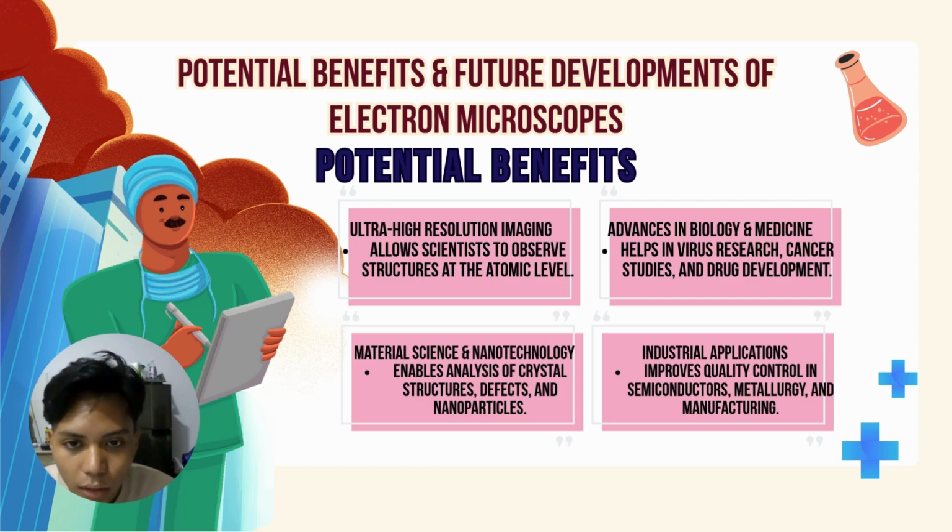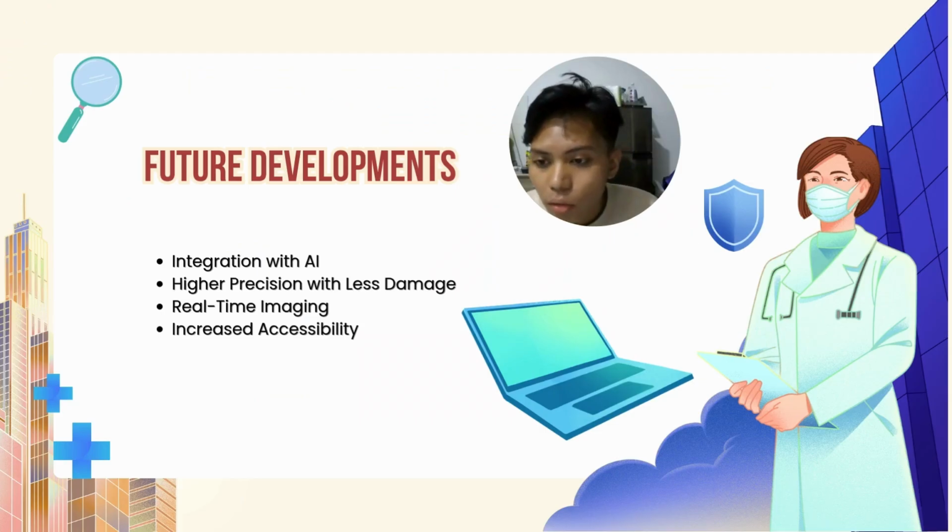The third one is material science and nanotechnology, which enables analysis of crystal structures, defects, and nanoparticles. The last one we have is industrial applications, which improve quality control in semiconductors, metallurgy, and manufacturing.